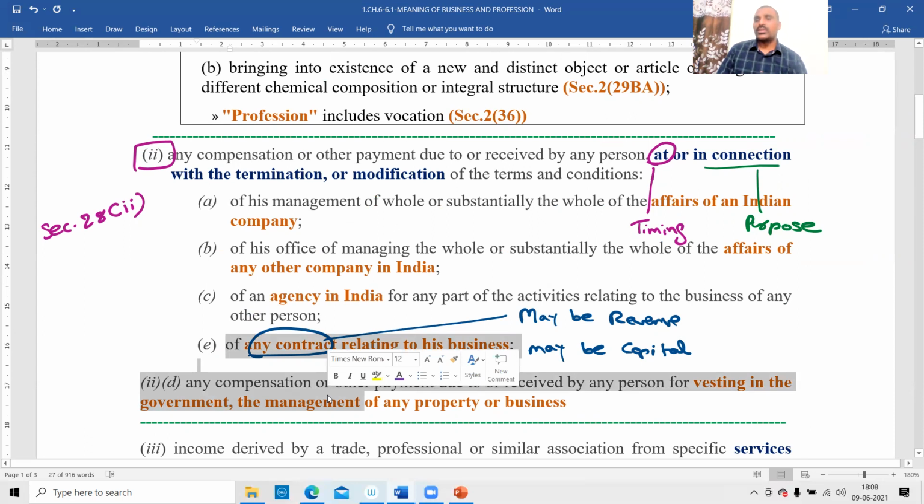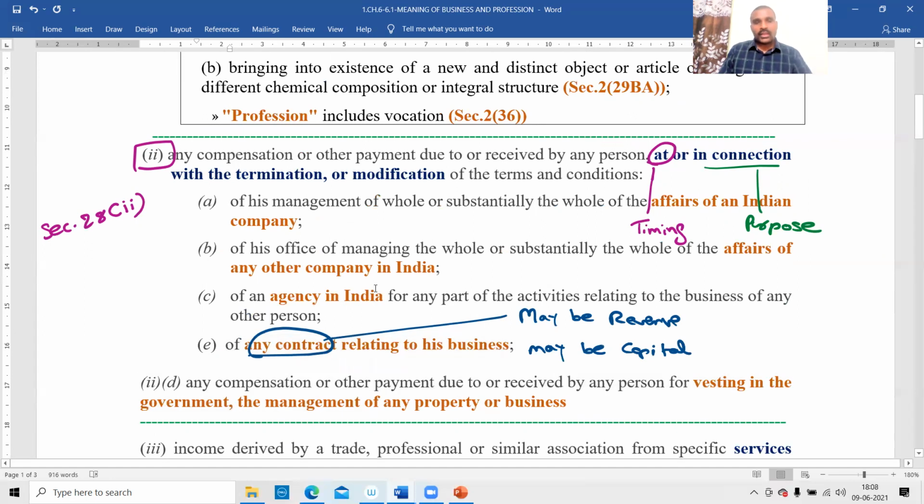Capital receipts or revenue receipts, both are taxable under these two headings. That's why we have used the word generally. As a general rule, capital receipts are not taxed under business income. But these two are the exceptions, where capital receipts are also taxable under the head business income. Okay, that is the point.